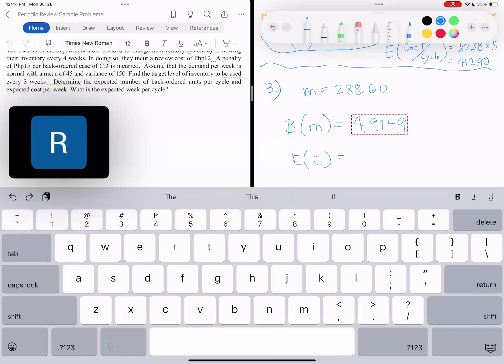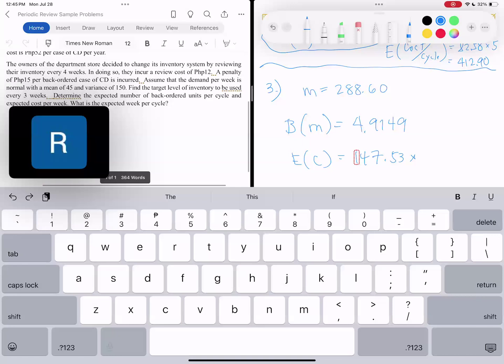The question here, what is the expected, again, I typed it wrong. What is the expected cost per cycle? Please change it, so you change two things: every 4 weeks here, and expected cost per cycle. So expected cost per cycle here is 147.53. And what is one cycle here?